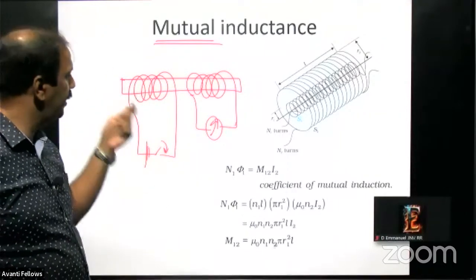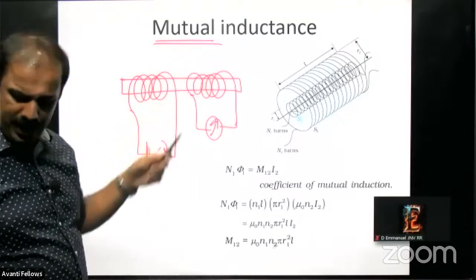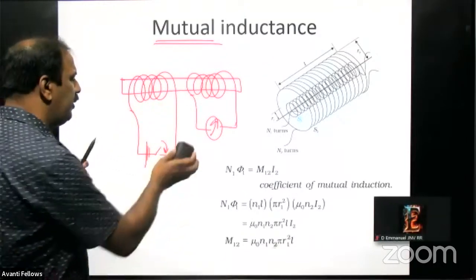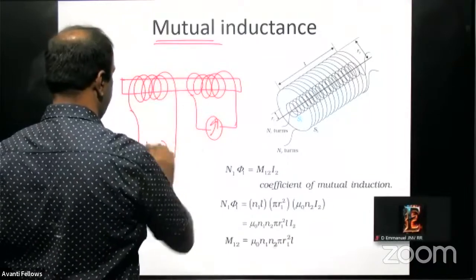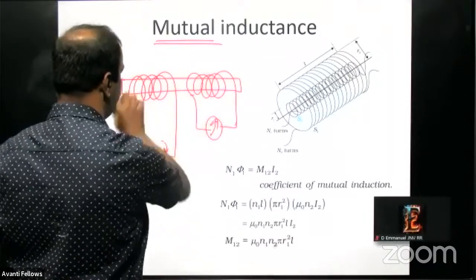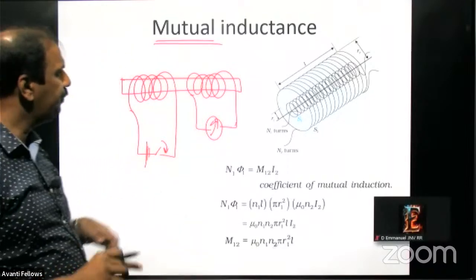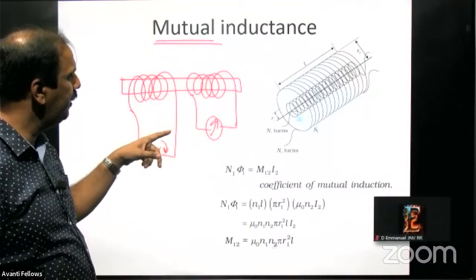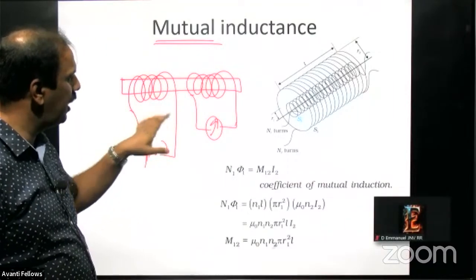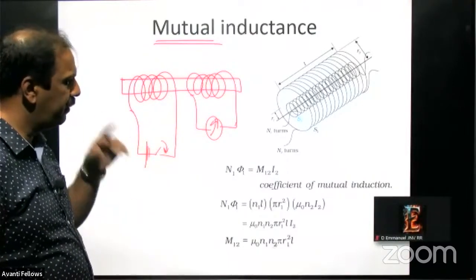That is, a changing current in one coil can induce a current, or EMF, in the nearby coil. That is called mutual induction.